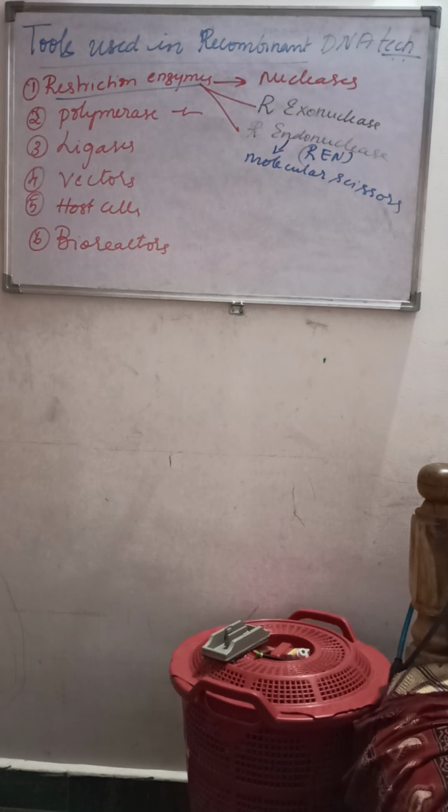Right? So now let us understand the difference between restriction exonuclease and restriction endonuclease. So what is this restriction exonuclease? These are the nucleases used to remove the nucleotide from the ends of the DNA. You know that in the process of biotechnology, we can manipulate the genes.